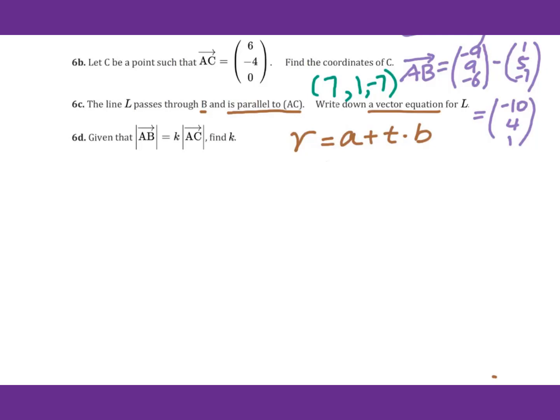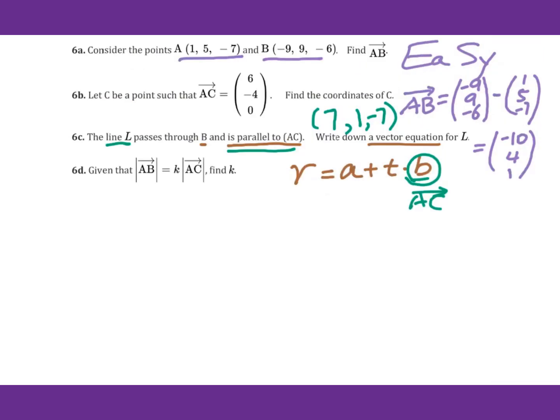A is the position vector, or the coordinates for a point on the line. For b, that's a direction vector. We are given the information this line is parallel to AC, which means this direction vector will be AC.